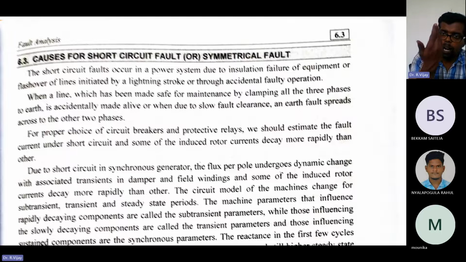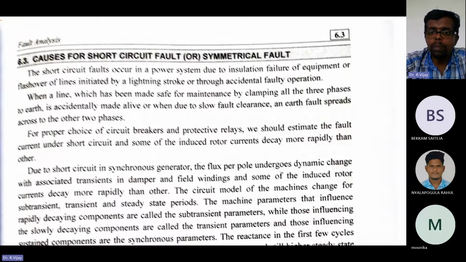Sometimes one half of the brain will not work. Like that, because it is 33 kilovolt, not 33 volt. 33 into 10 to the power of 3 volts is coming to us. Sometimes there is loss of life also. So this kind of thing.